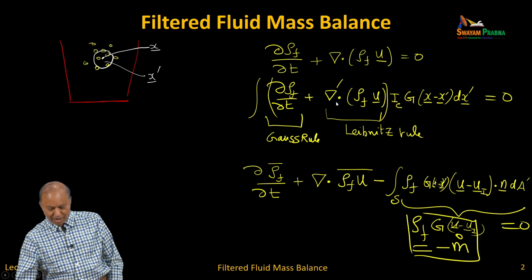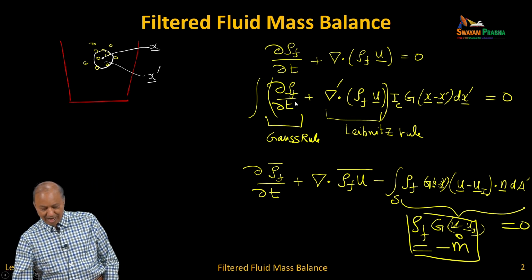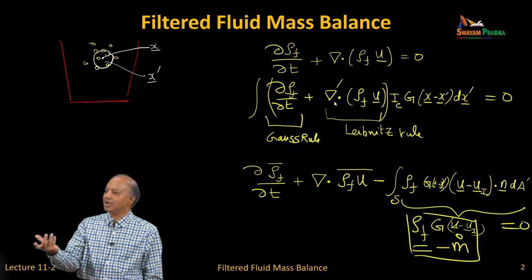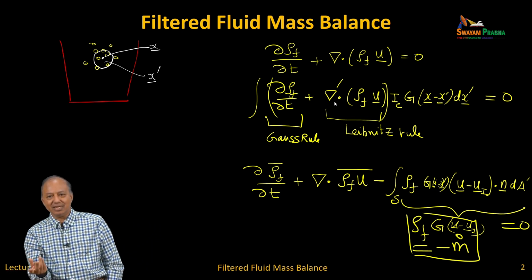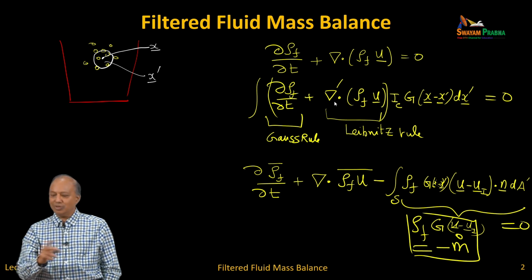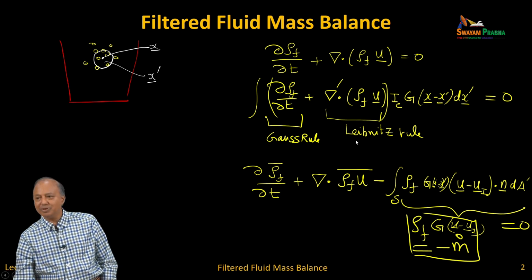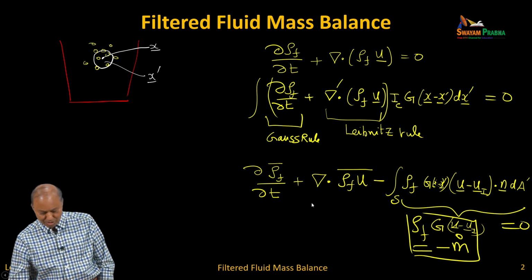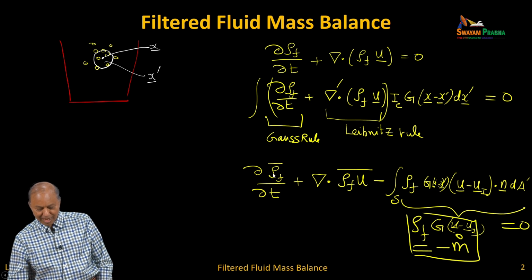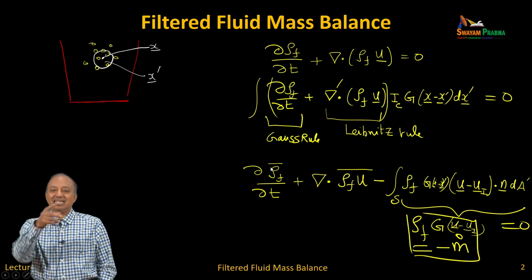And this is where averaging comes in: I have a time derivative and, inside the averaging, a spatial gradient. So, I have to take the derivatives outside and bring the integrals inside. When I do that, I use Gauss rule and Leibniz rule, the details are there. And you get this equation, because you can see the bar is inside the time derivative now.